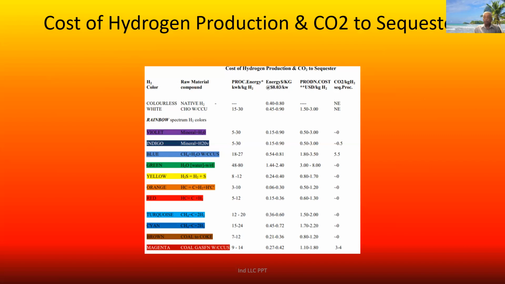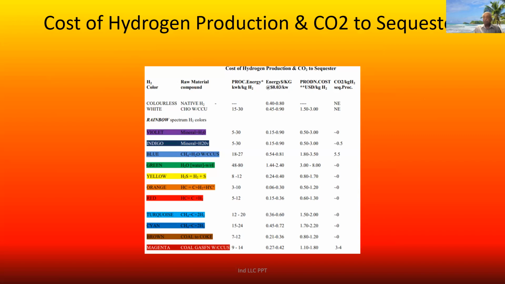dioxide. This table shows the energy required to make green hydrogen is the highest, in the 48 to 80 kilowatt hours per kg, which compares with the 3 to 10 kilowatt hours per kg for orange hydrogen.